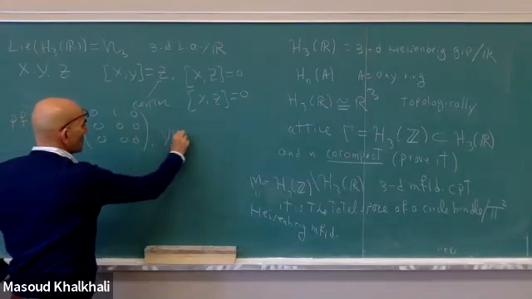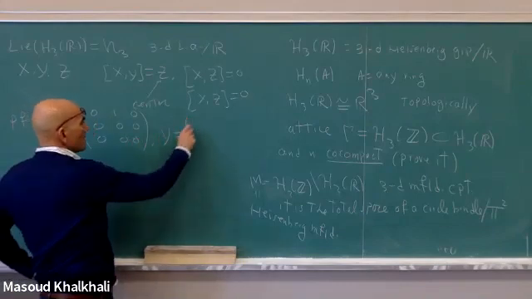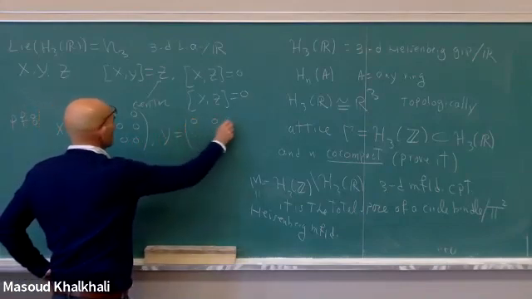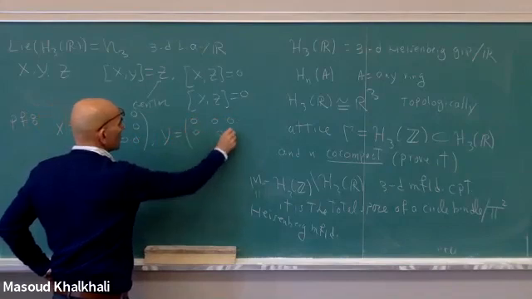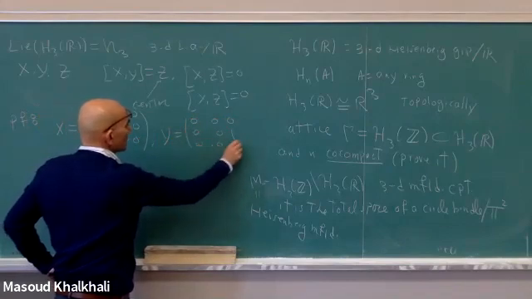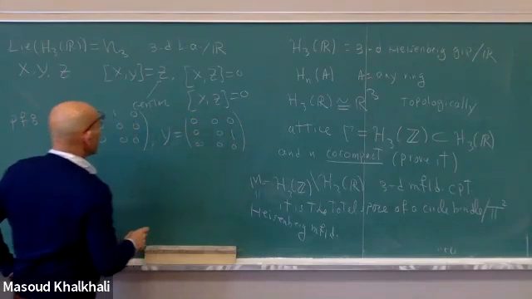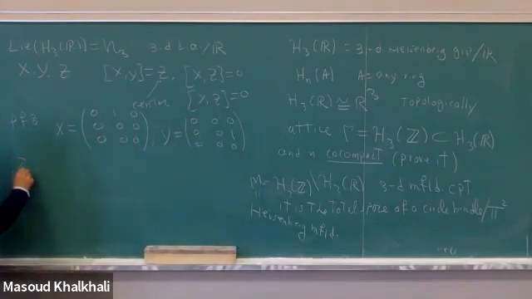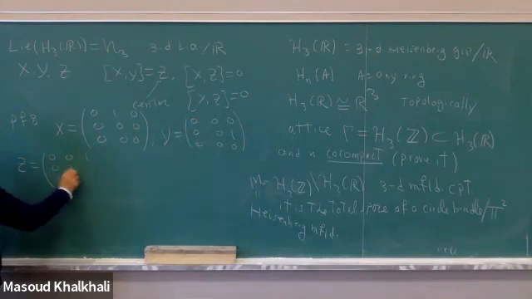Let Y be equal to this element 0, 0, 0, 0, 0, 1, 0, 0, 0. And let Z be this element 0, 0, 1, 0, 0, 0, 0, 0, 0.